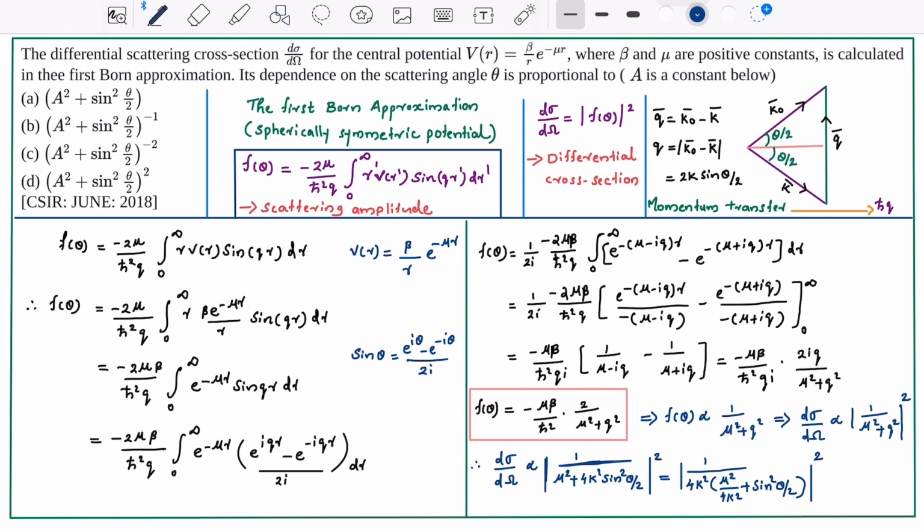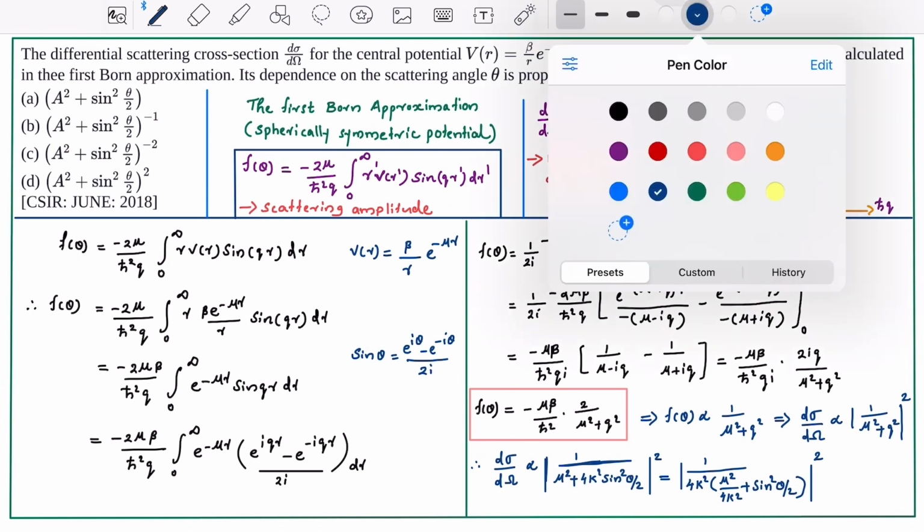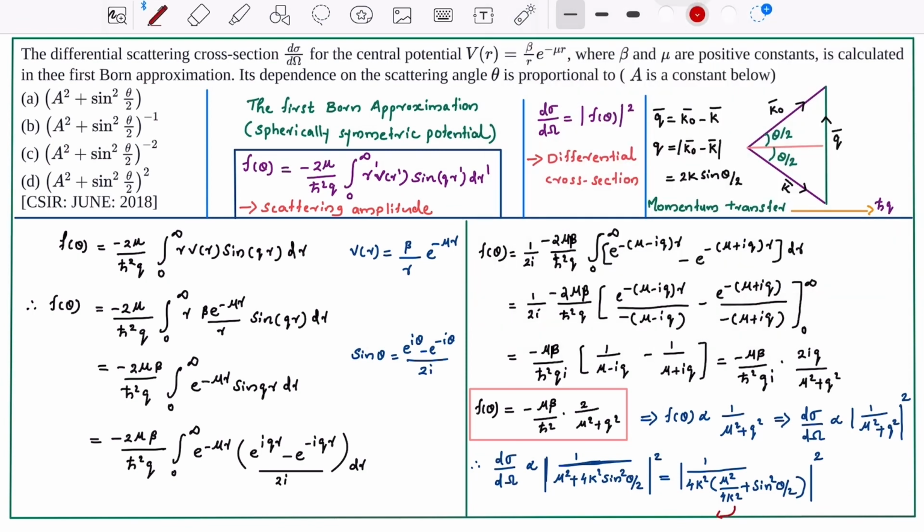Therefore dσ/dΩ can be written as modulus of 1 by 4k² within bracket μ² by 4k² plus sin² θ/2 whole square. Now we can substitute a² instead of μ² by 4k² in the expression for dσ/dΩ.